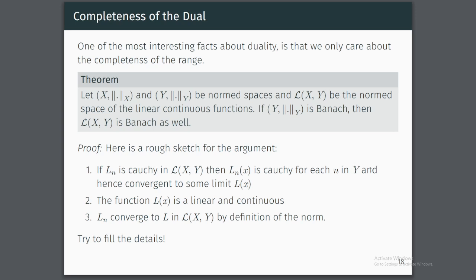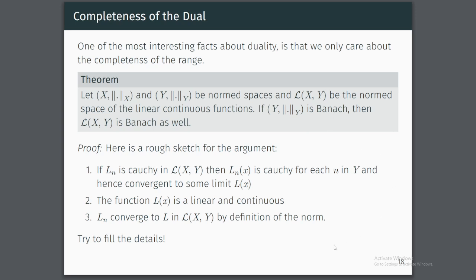Because it's Cauchy in y, it's going to converge to some limit L. Once you have found your limit, all you need is to prove that this is an actual linear continuous function. You just need to work a bit with triangle inequalities, a little bit of estimates. It's not too difficult. And then you need to prove that Ln converges to L in L of xy by the definition of the norm. Again, I'll leave the details of this argument. This is a classical type of argument to prove something is a Banach space.